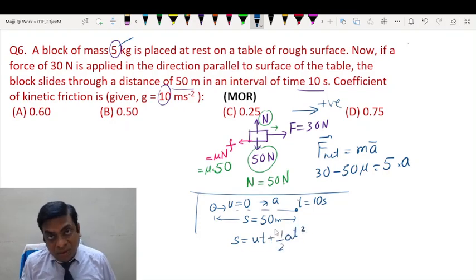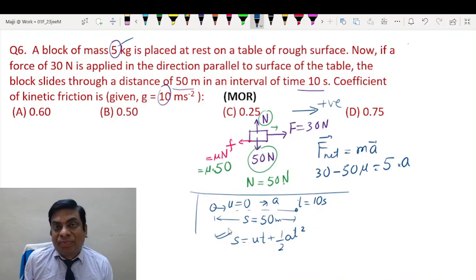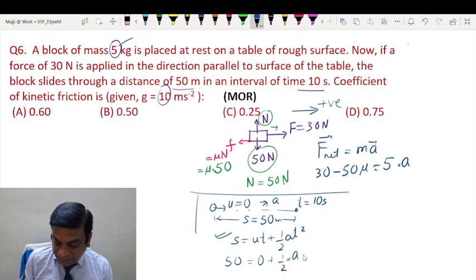Remember, acceleration is constant because forces are constant, so you are supposed to use this equation of motion only if the forces are constant or acceleration is constant. So we have 50 is equal to 0 plus half a into t square. So exactly a is 1 meter per second square.